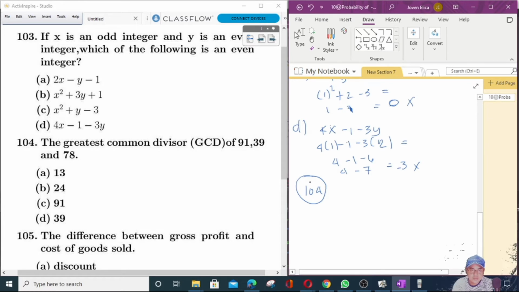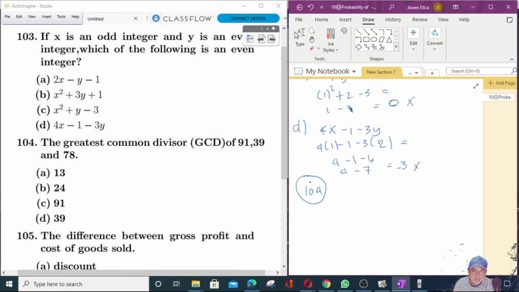A divisor is a number that if you divide to a certain number, it will produce a dividend, or the answer. It's like a factor. A factor is a number that if you multiply two numbers, it will produce a product. This one is divide. So if you divide these two numbers, it will produce a number which is called dividend.